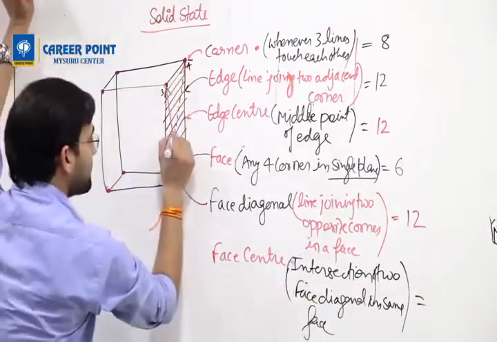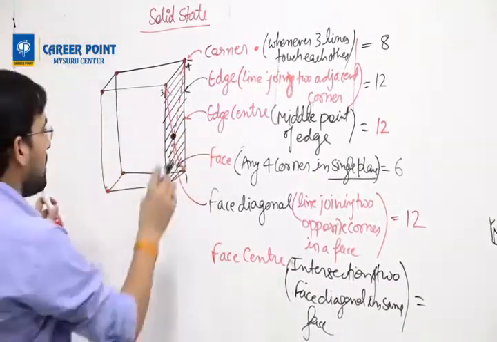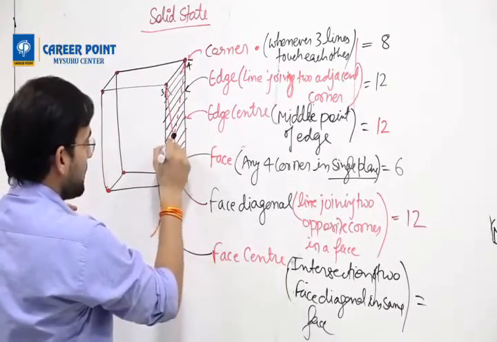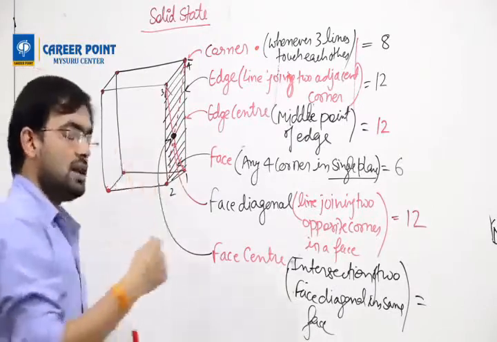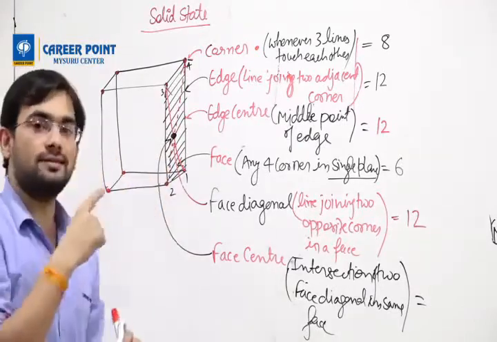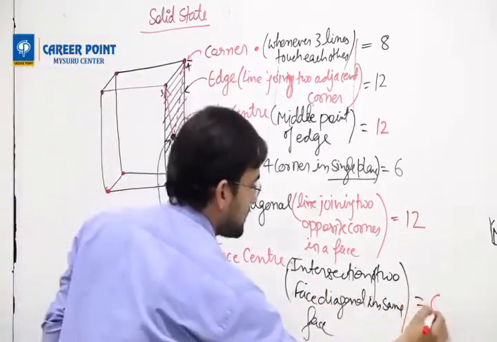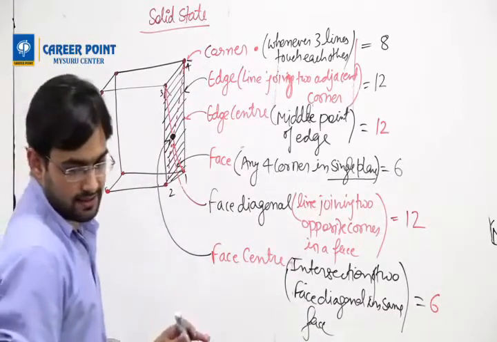They are meeting somewhere. This is the point of intersection. So this is your face center. One face carries how many face centers? 1. So total face centers are 6.